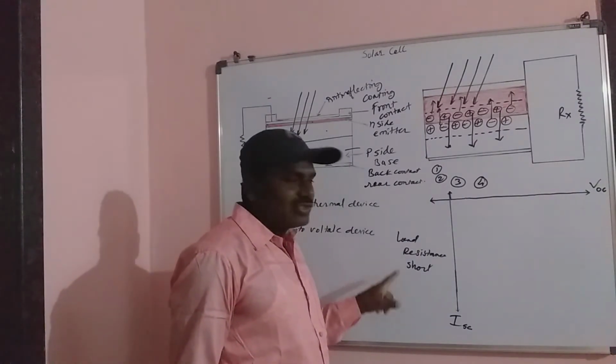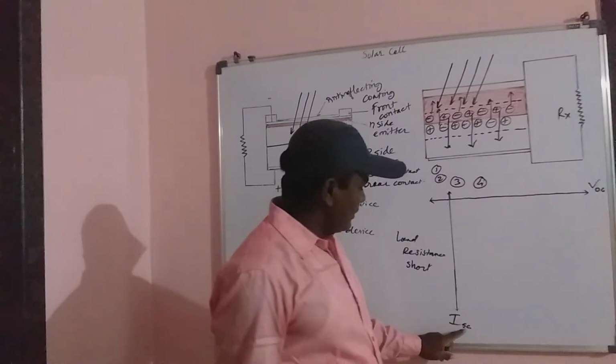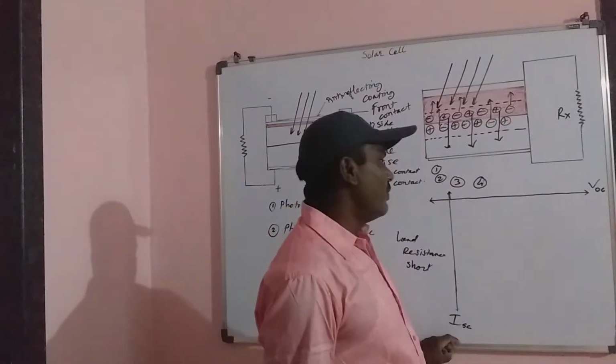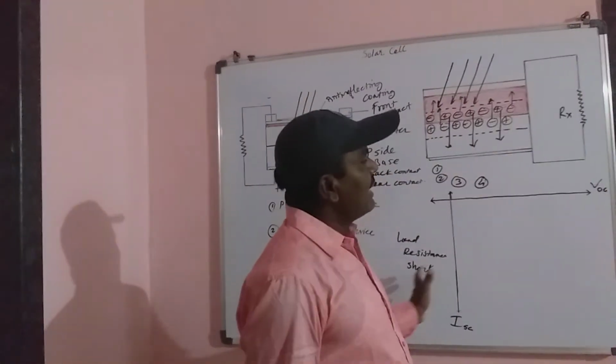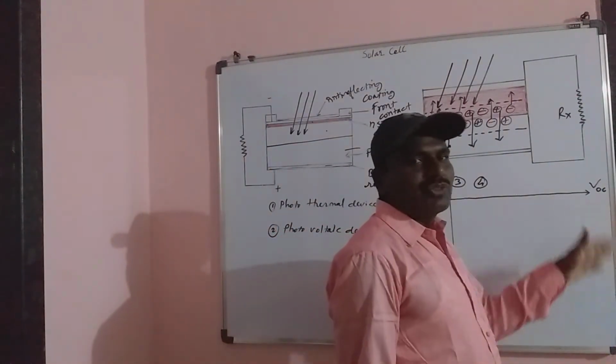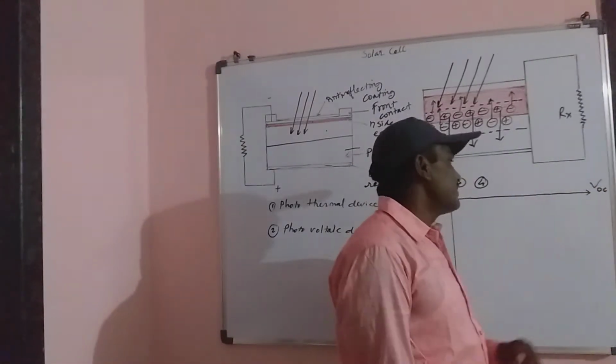When load resistance is short, the current is the short circuit current, and when the load resistance is infinity, the voltage is called the open circuit voltage.